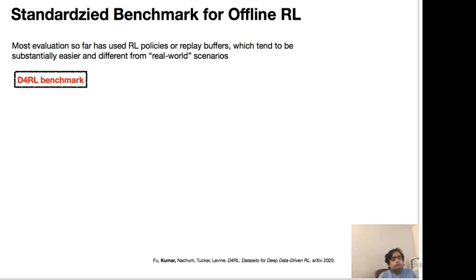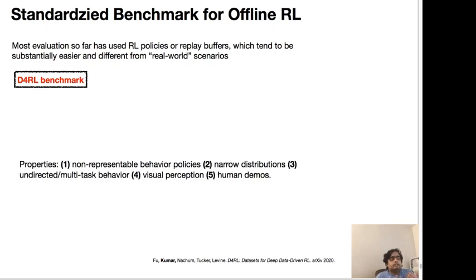So what we wanted to do here was to build a benchmark that does not have these properties, but rather has other properties that we expect to observe in the real world. For instance, we expect to observe non-representable behavior policies, meaning that the behavior policy is not even a Markovian distribution. It's not even representable in your function class. It depends on some privileged information, something like that. You expect to see narrow distributions, so your coverage is very limited to a small region of the state-action space.